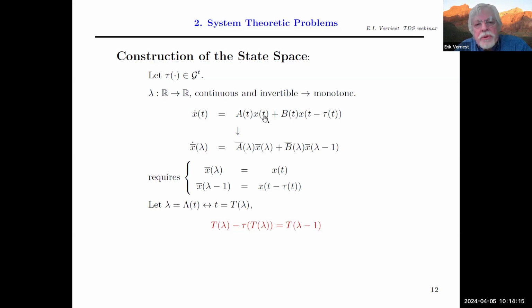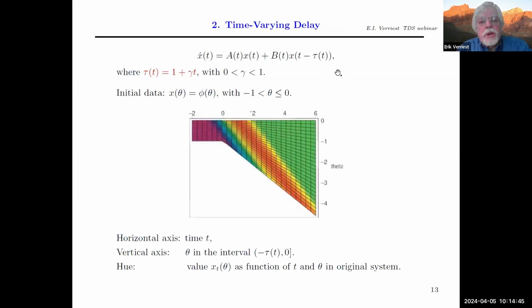If we can find the transformation that maps x(t) into x bar lambda and x(t minus tau) into x bar lambda minus 1, then we have succeeded in building that homeomorphism. It turns out we have to solve for this transformation, t is t of lambda, which satisfies this relation with respect to the original delay function tau. In general, this is a horrendous thing to solve, so it's only conceptually that we can use this.